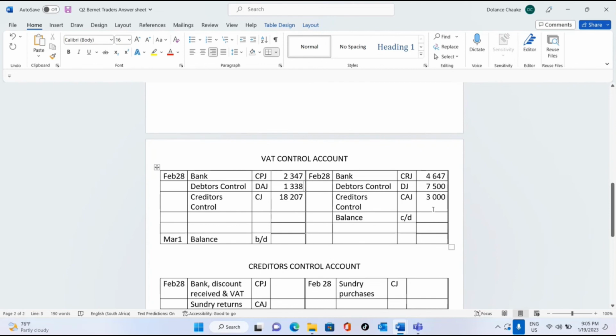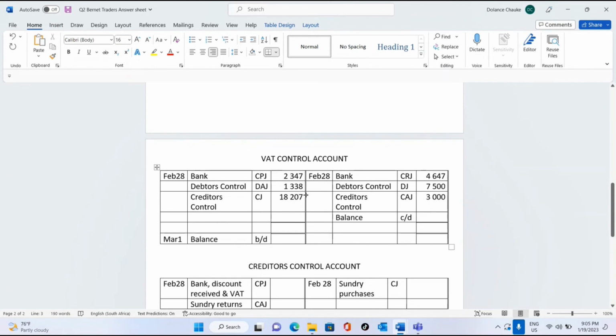The bigger side, I think by the look of things, is the debit side. So just add everything from the bigger side and get the total: 2347 plus 1338 plus 18,207.